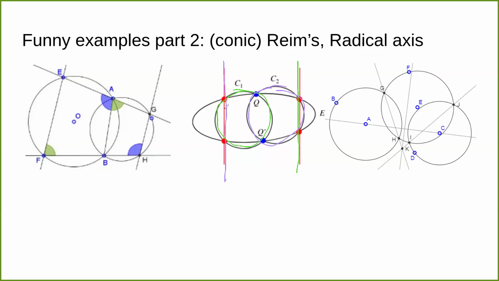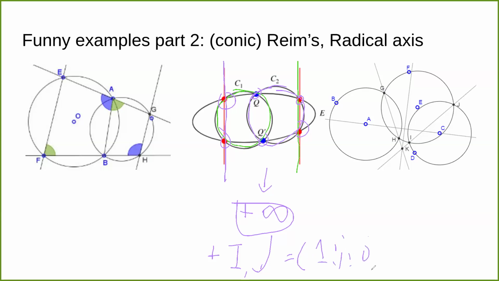And these will give you the points 1, 2, 3, 4, 5, 6, plus the point at infinity, because these two are parallel, and plus the two circle points I and J, which are 1, I, 0 and 1, -I, 0.